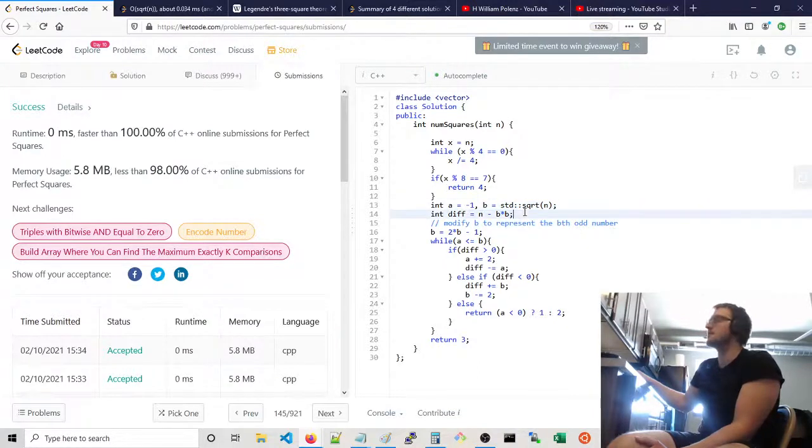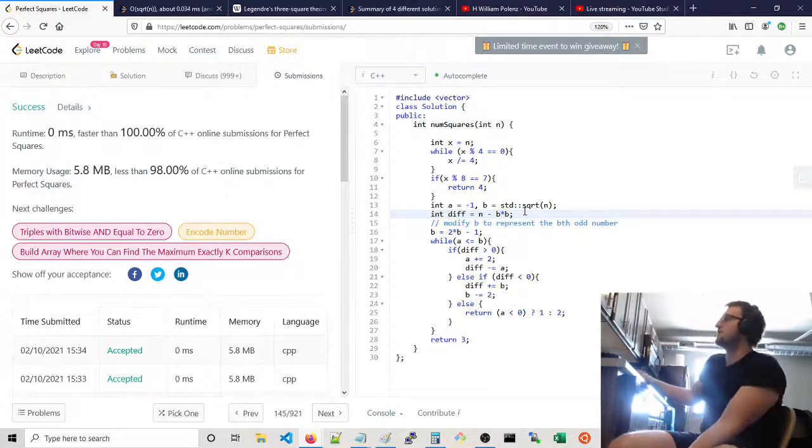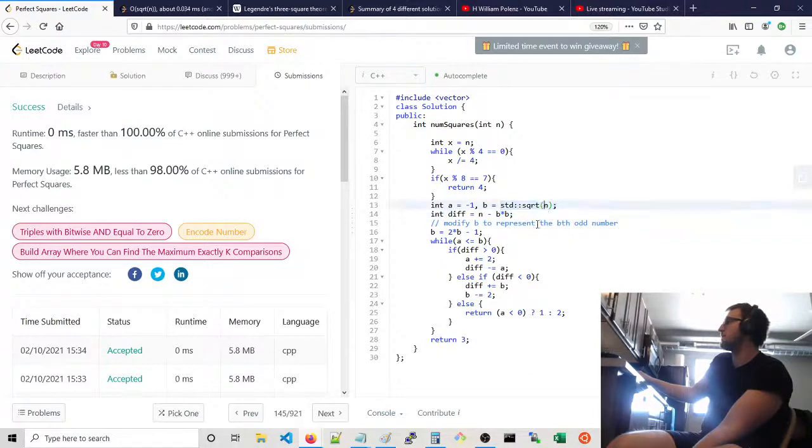You don't know what kind of value you're going to get for B. Technically, you can get the wrong answer due to floating point arithmetic here. Yeah, it's kind of funky, but it's true.